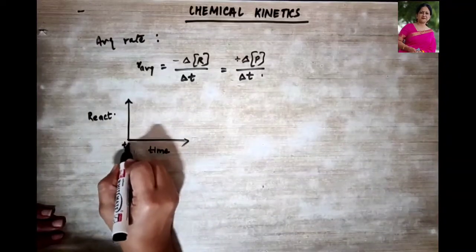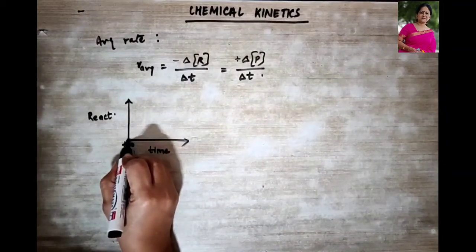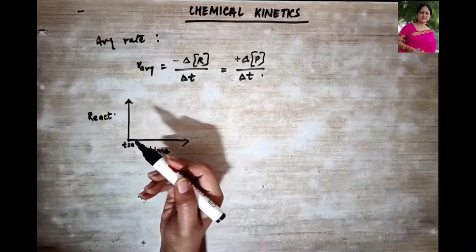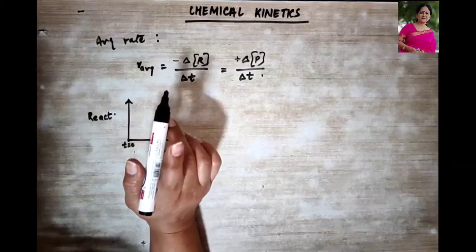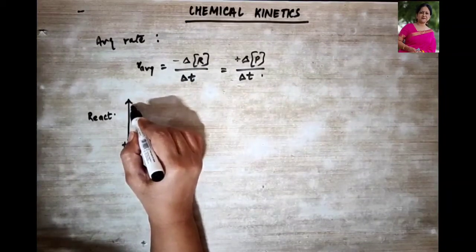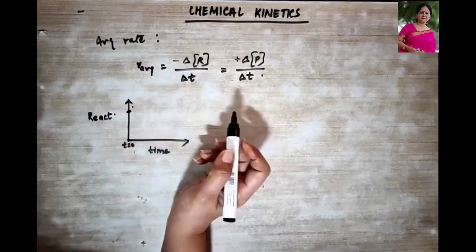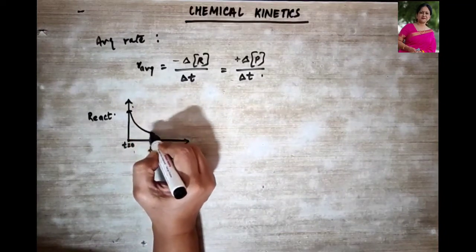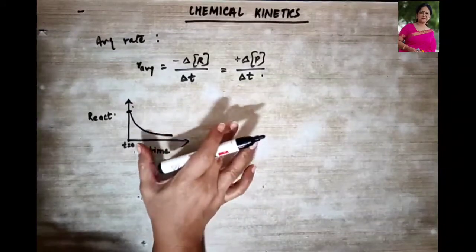So if this is equal to 0, when time is equal to 0, then let us see what happens to the concentration. We know that the concentration of the reactant decreases when the reaction proceeds. So suppose this is the concentration of the reactant. So what are we going to observe? There will be a decrease in the concentration as the reaction proceeds.